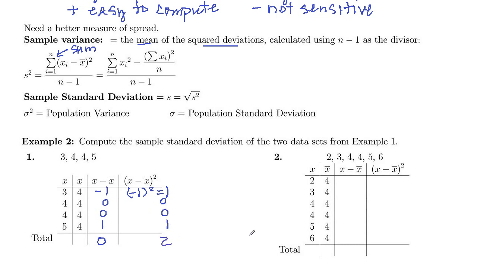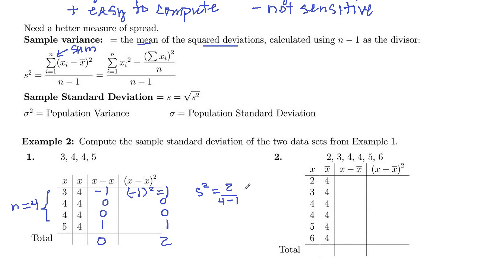We sum those up, we get 2. So that 2 is the numerator here. That's the sum of the x minus x bar squared column, and we divide that by n minus 1. N here is equal to 4 values. So our s squared here is going to be 2 divided by 4 minus 1.